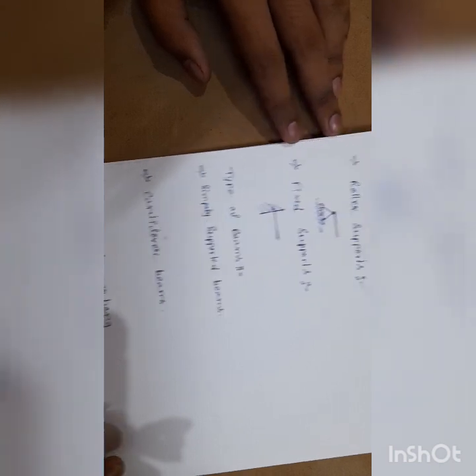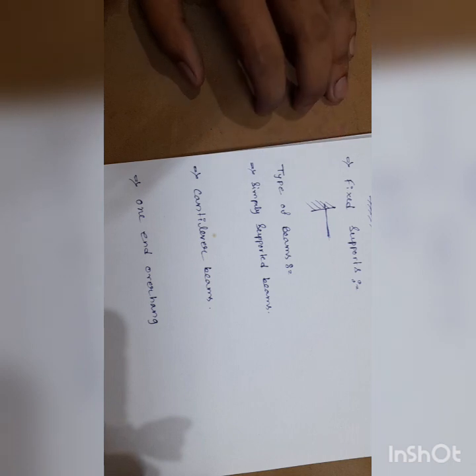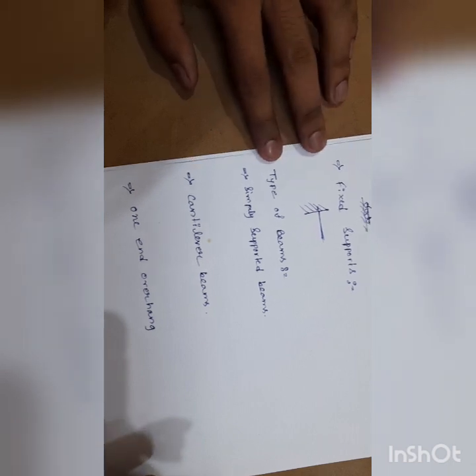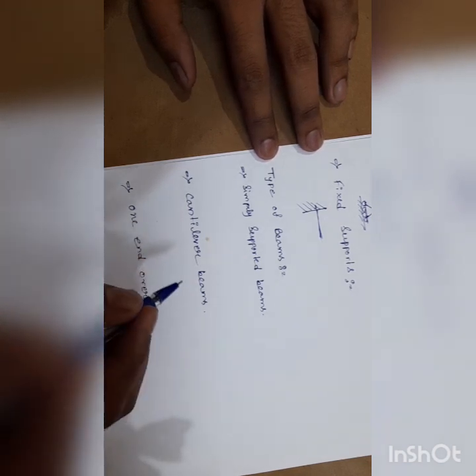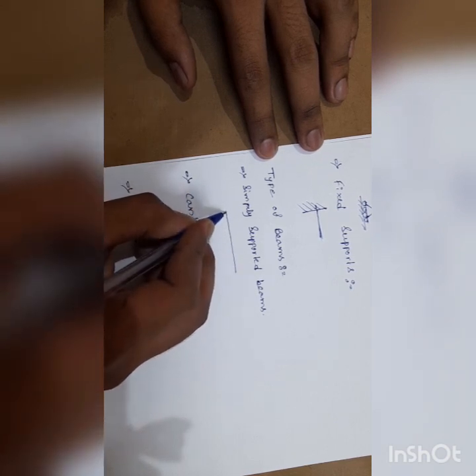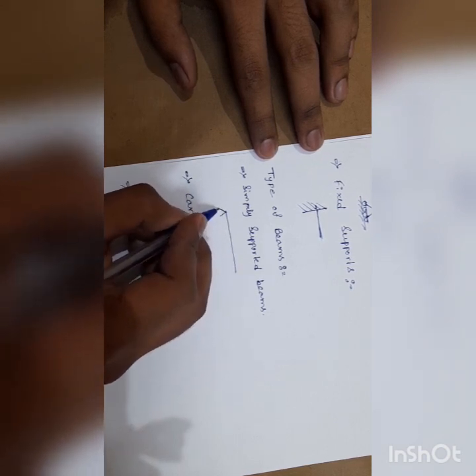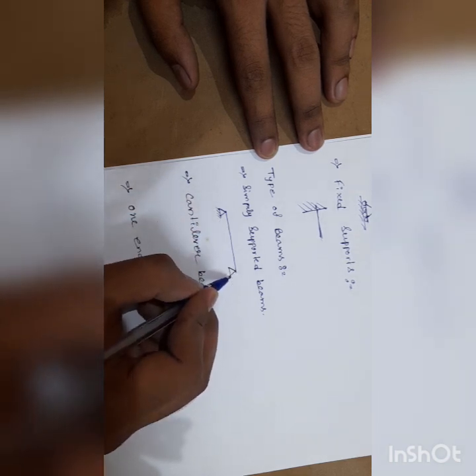Now we can see the types of beams. There are many types of beam. We will go one by one. Now first, simply supported beam. It's a beam with one hinge support and the other one roller support.